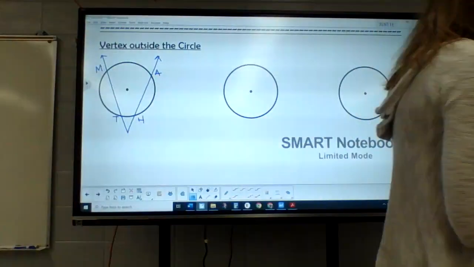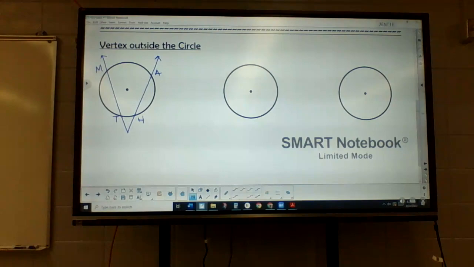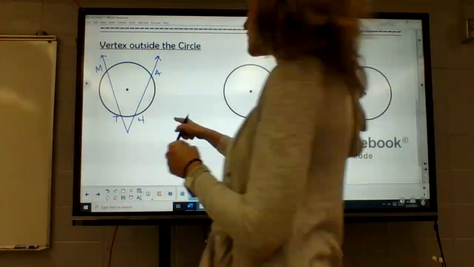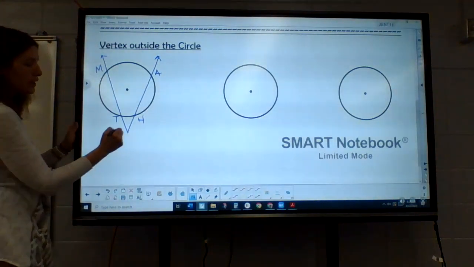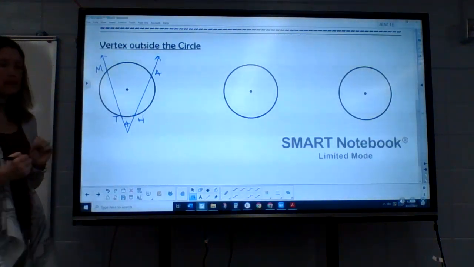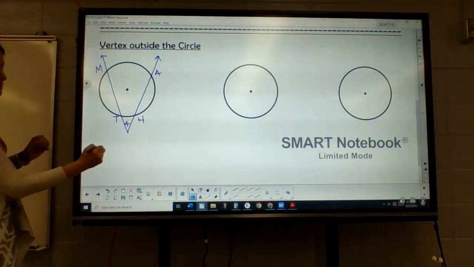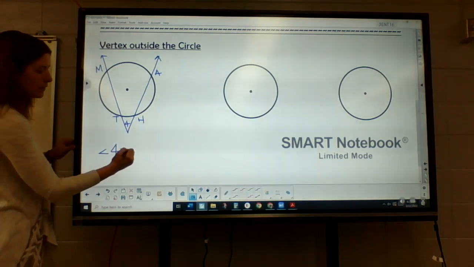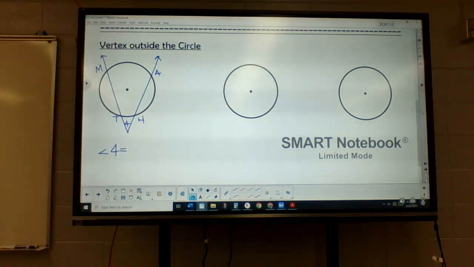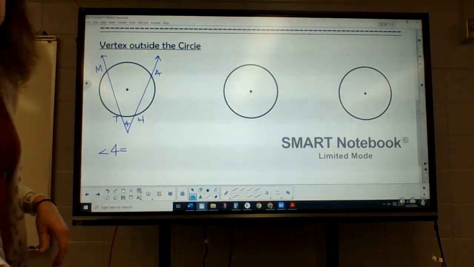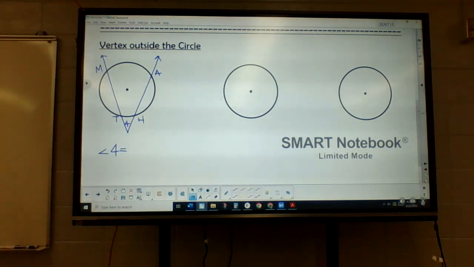All right. So different rules for this one because it's a different situation. I'm going to call this little angle down here angle 4. So the measure of angle 4 equals half of the two arcs subtracted.